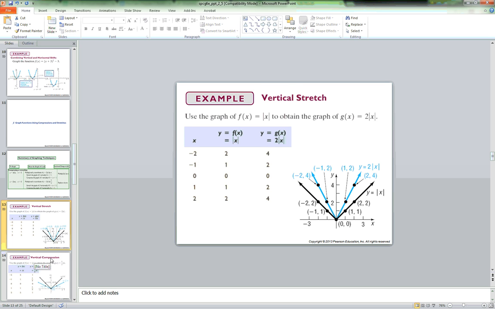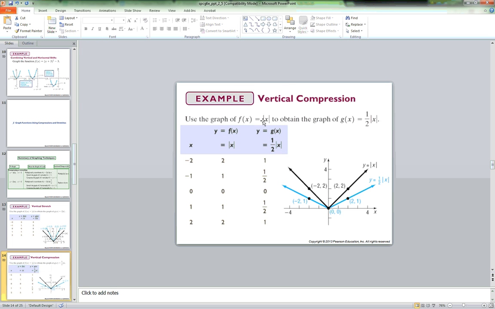All right, on that same graph, let's show the compression. When I multiply it by a number that's between 0 and 1, it makes my graph, I call it, flatter and fatter. So it gives it a squish vertically. So go ahead and add y equals 1/2 absolute value of x to your graph.